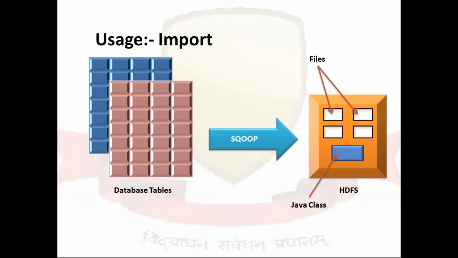This class is used during the import process by Sqoop itself. The Java source code for this class is also provided to you, so you can use this source code in subsequent MapReduce processing of the data.